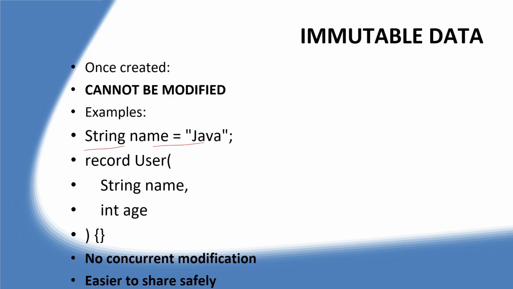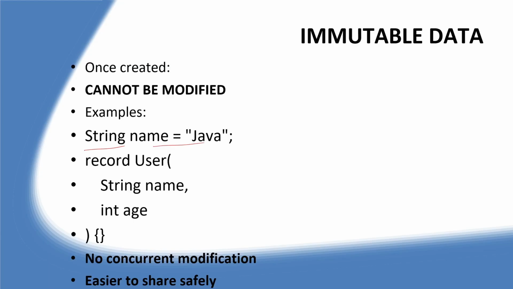So this removes an entire category of concurrency problems. Immutable means we cannot modify the data, so even if multiple threads are utilizing it, there is no race condition, because we are not manipulating the data. So there is no concurrency problem.